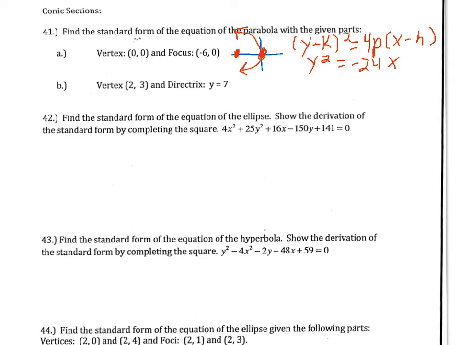For number 2, we have a vertex at 2, 3. And we have a directrix at y equals 7.